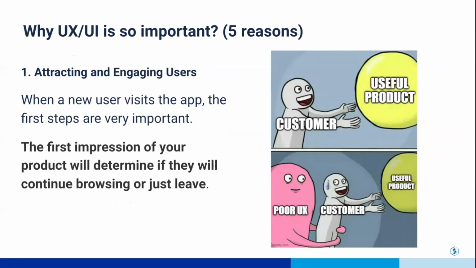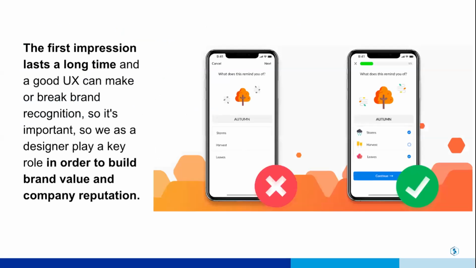When a new user visits the app or your website, the first steps are very important because the first impression of your product will determine if they will continue browsing or just leave the website or the app. So engaging users in seconds is critical. We should keep them interested in digging deeper into the app without making it too difficult for them to navigate.